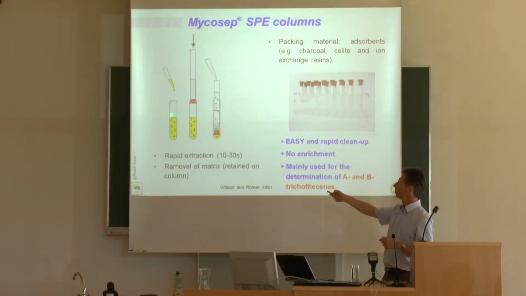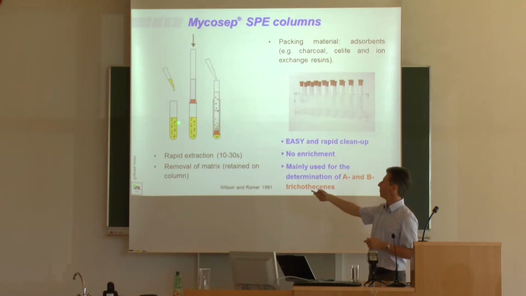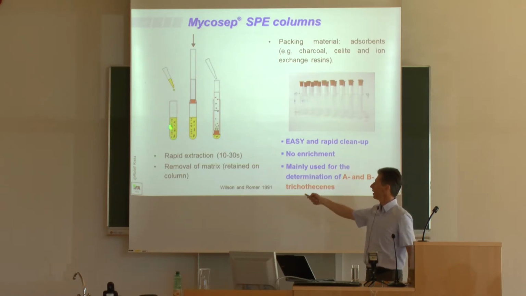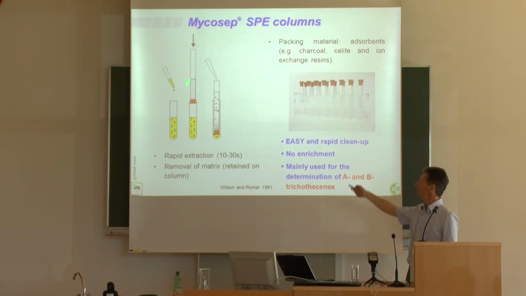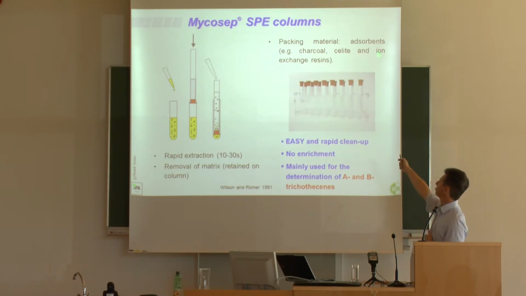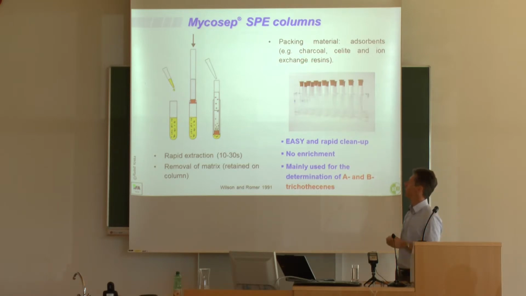So you've got a culture tube, here with a maize extract containing your matrix components, but also your mycotoxin of interest in red. Then you have a column. This plastic column is filled with a mixture of different packing materials: adsorbents, charcoal, ion exchange resins, and so forth.